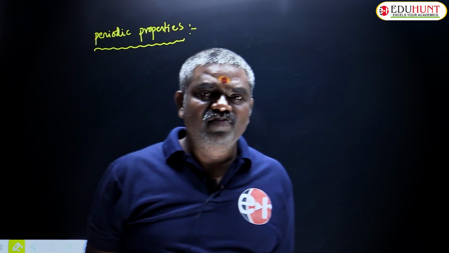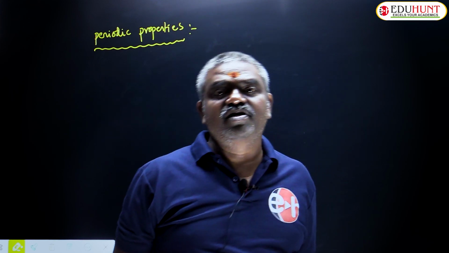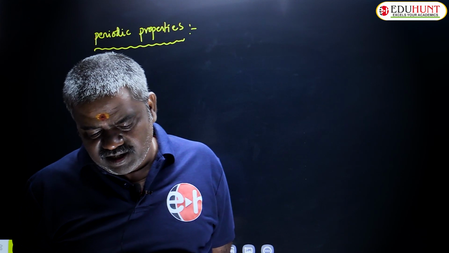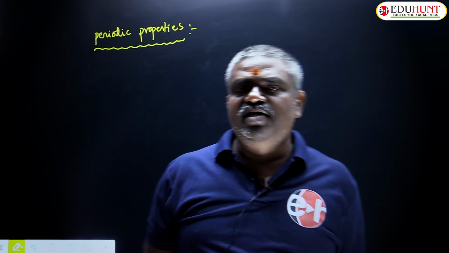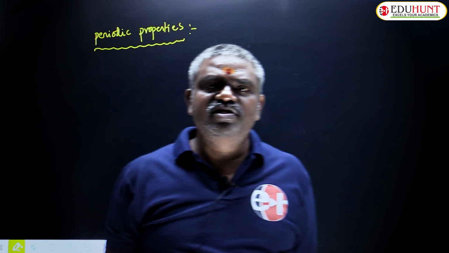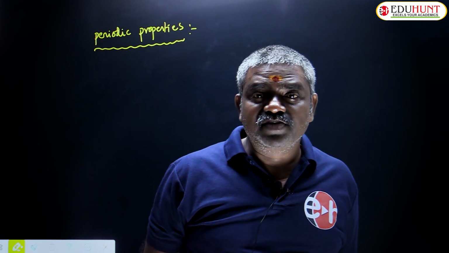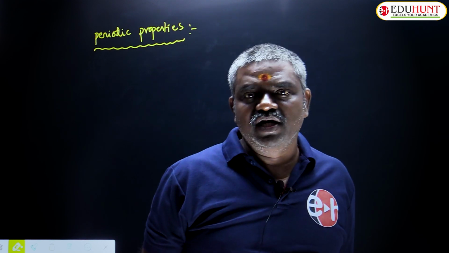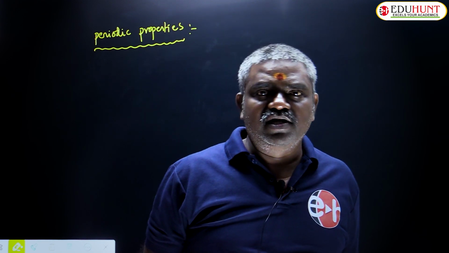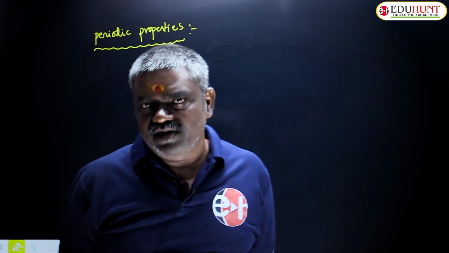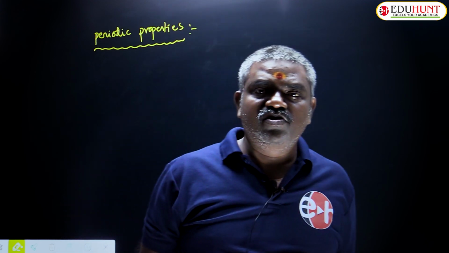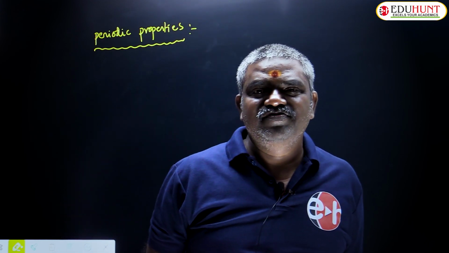What do periodic properties mean? The properties which change gradually with change in electronic configuration. This change repeats between two regular intervals. That repetition is called periodicity. The properties are called periodic properties.